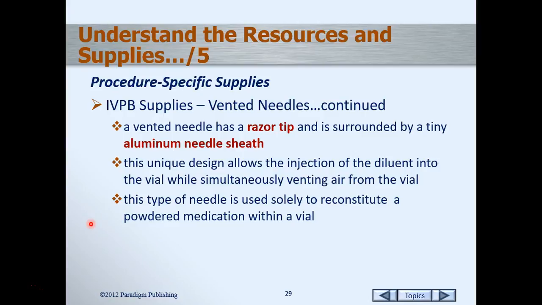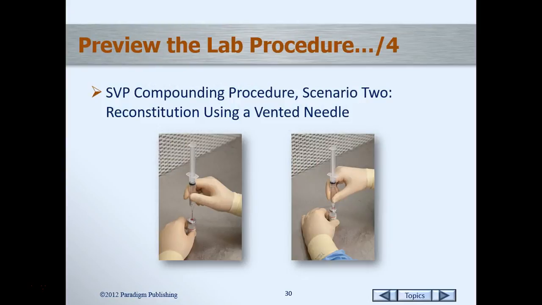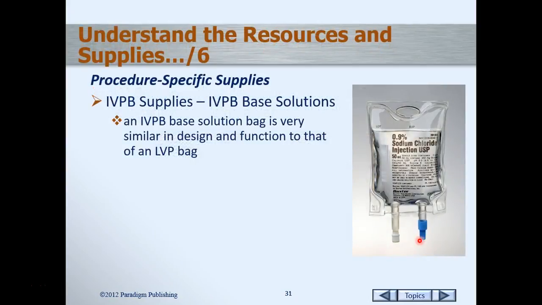So we're going to do it with just a regular needle, but you need to be aware of what a vented needle is and how it works. With a vented needle, you just go straight in because you're not concerned with coring because it has that razor edge, and then all you have to do is push down to let the liquid go in, and the air will come out through the vent.